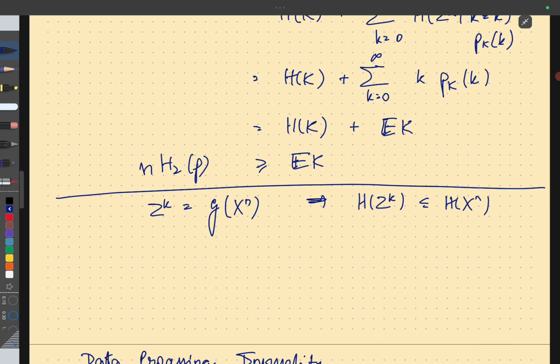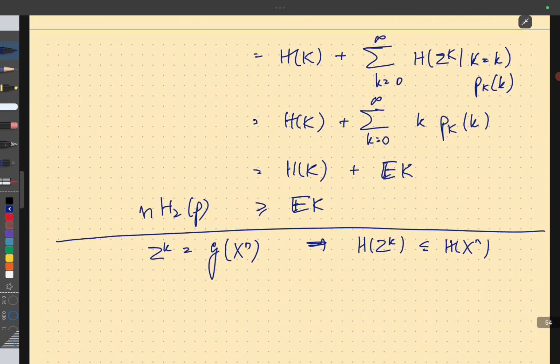You're asking why this is true? Okay, so this is not a rigorous statement as of now, but intuitively, suppose that k were not a random variable, all right, k was fixed, but still you wanted to generate k Bernoulli half bits.